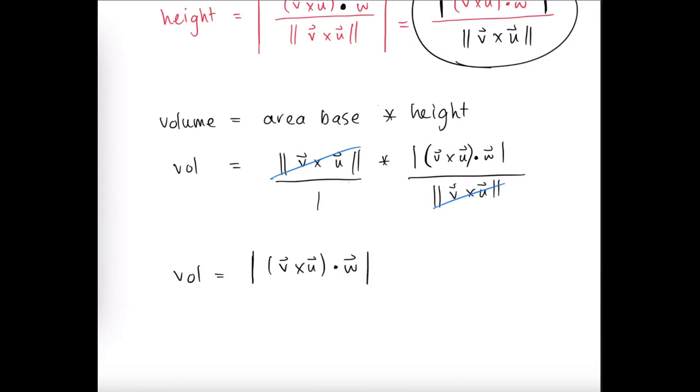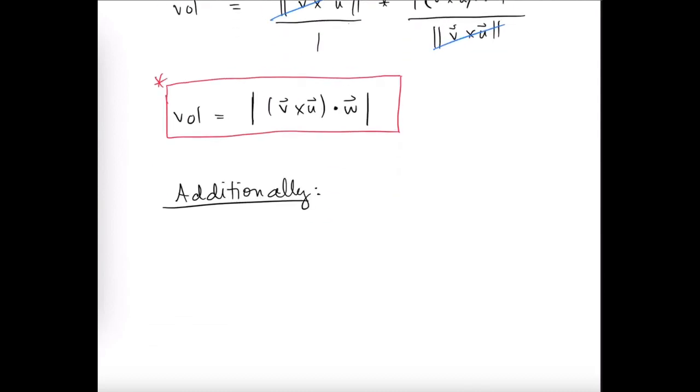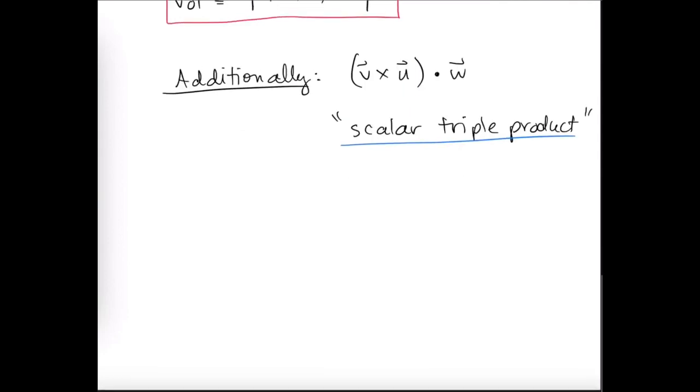So this is going to be the volume of the parallelepiped that can be calculated by getting the cross product vector and then dotting that with the third vector that finishes off that parallelepiped. Now, another thing that we need to make mention of is that the quantity v cross u, that vector, dotted with a third vector, is also called the scalar triple product.